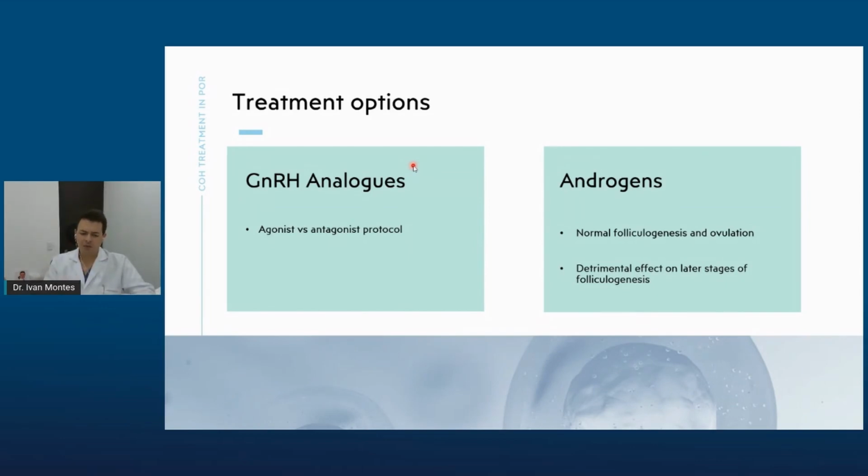And Huang et al. have recently compared the efficiency of an agonist and an antagonist protocol in 1,233 patients with diagnosis of poor ovarian response.